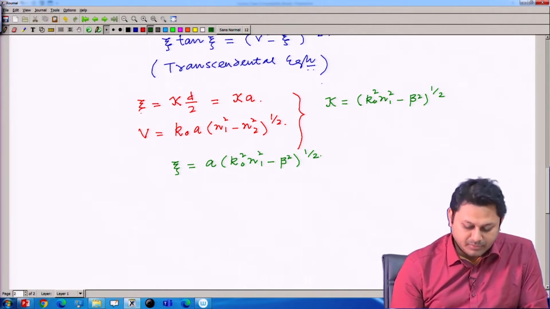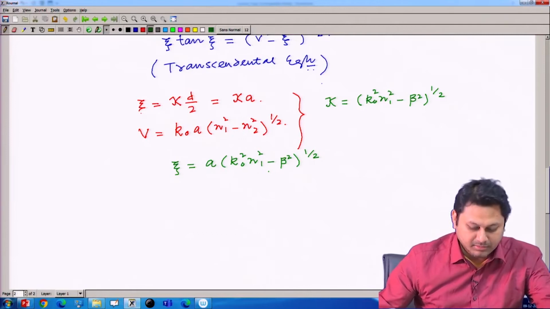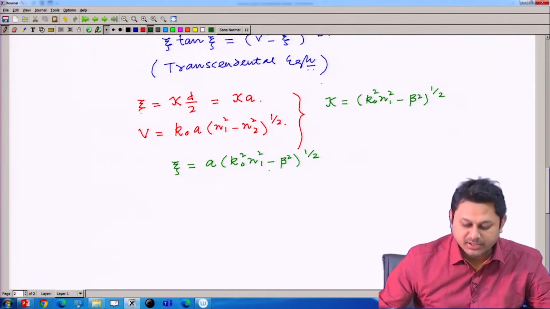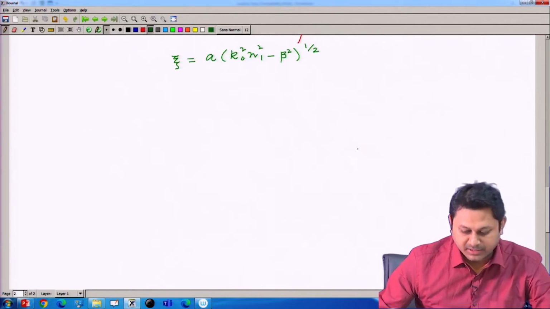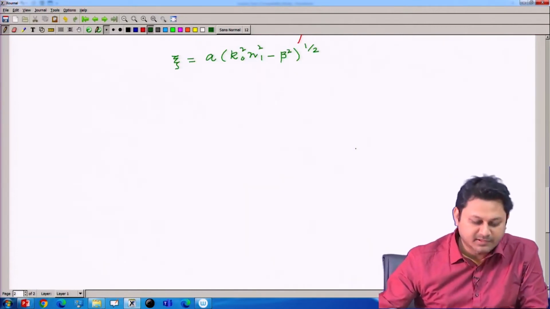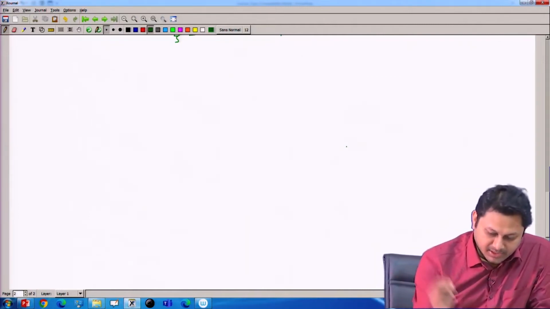And dimensionally, xi is a dimensionless quantity. Well, these are the expressions that we derived in the last class. Up to this we have done in the last class. Today we are going to solve this transcendental equation, that is the goal here today.